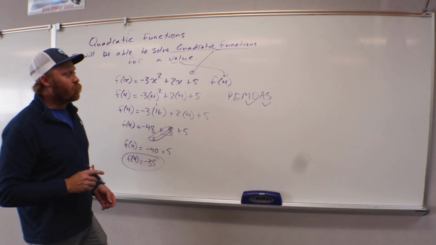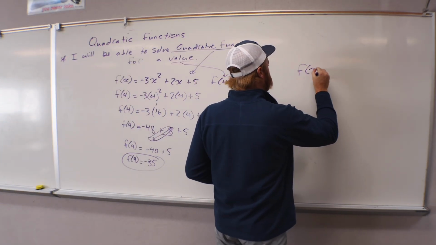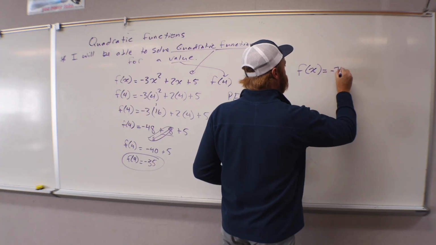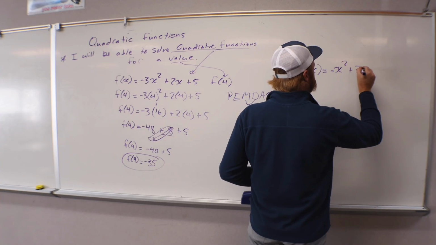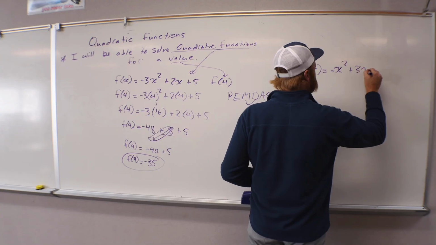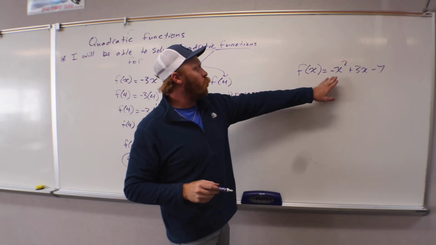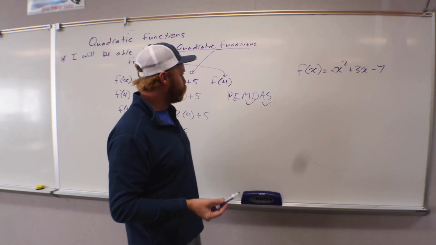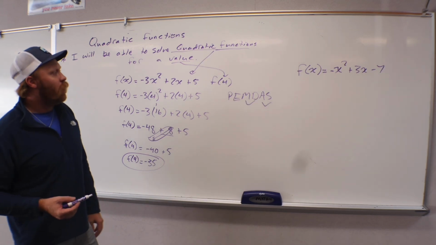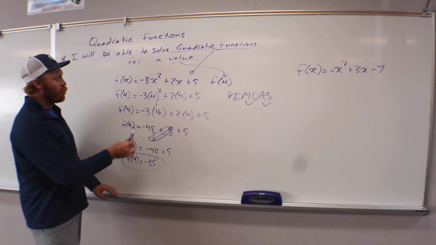Now, we'll take a look at something like f of x equals negative x squared plus 3x minus 7. Okay, my students were struggling. What happens, Mr. B, when we have this negative in front? Well, the question that I ask them is, think about what happened over here.